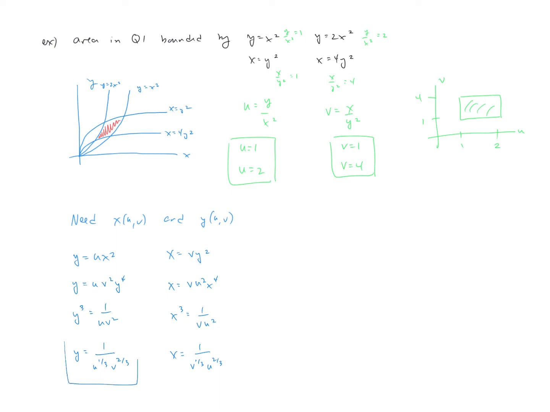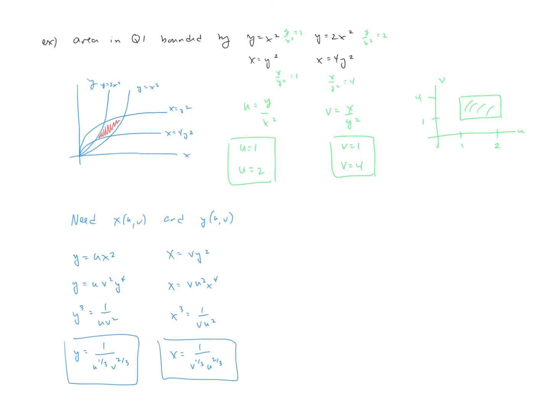These are what I have to substitute in for x's and y's. In this particular case, we're computing area, so there's not going to be that additional function to substitute in, but these values are going to come into play when we compute the Jacobian.